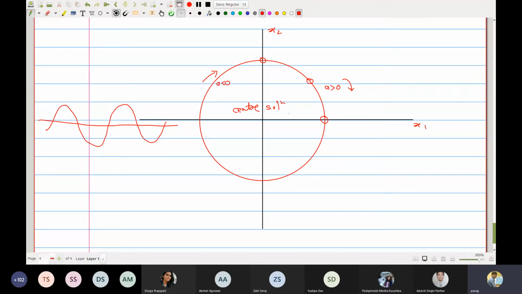Whereas when you have a purely imaginary value, your system will show oscillations, which means your values will keep on repeating. They will neither converge nor diverge, and such solutions are called center solutions.